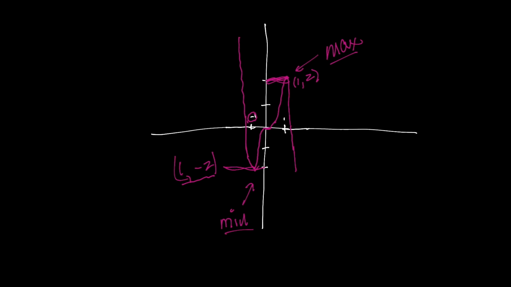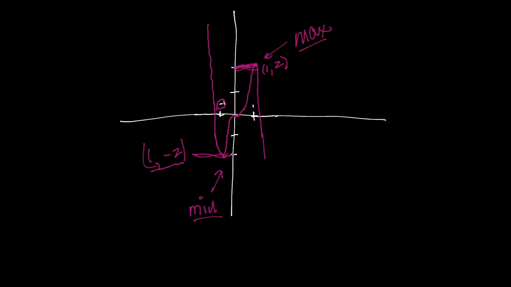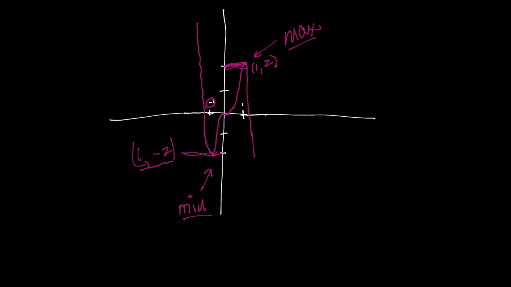So your minimum, your maximum, and this, let me switch colors here. Yeah, that's more gooder. This is an inflection point. And we had previously determined that this occurred at 0, 0.